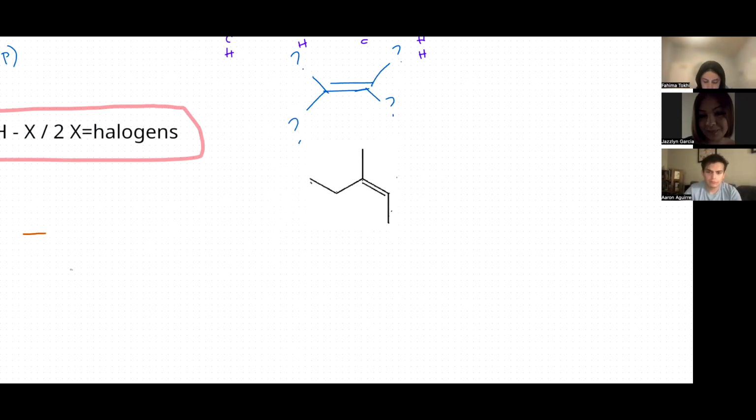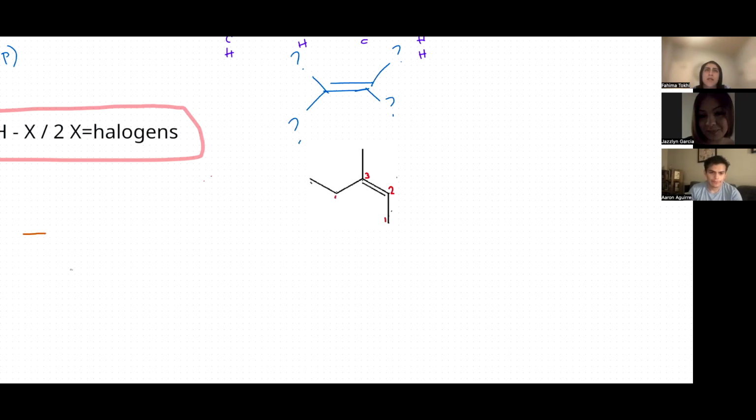The question asks, write the correct name for the following structure. If we start off with assigning priority, we can see one, and then my double bond is right here because we want to give it the lowest set of numbers. 3, 4, 5.